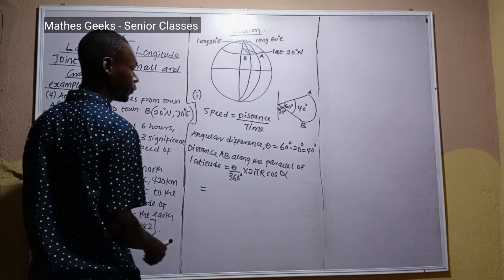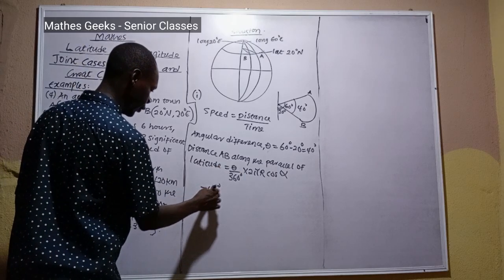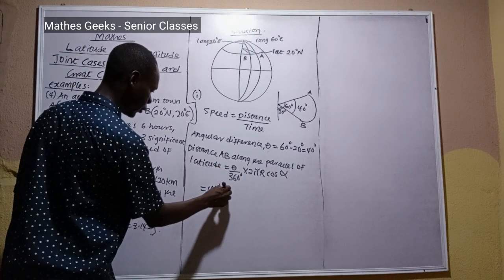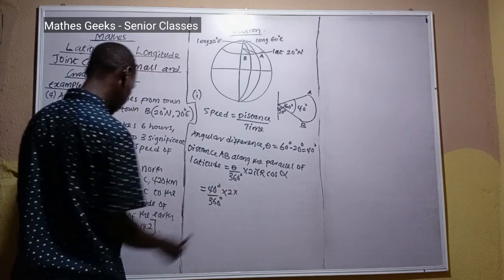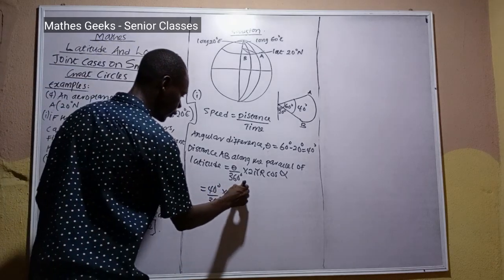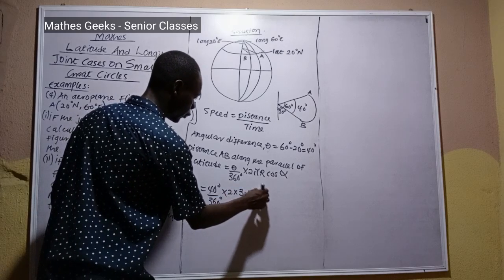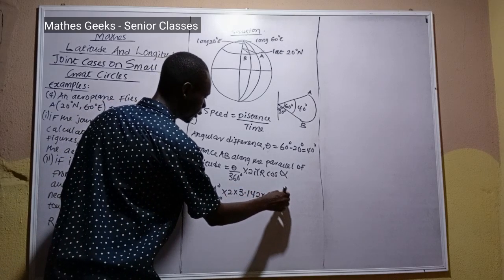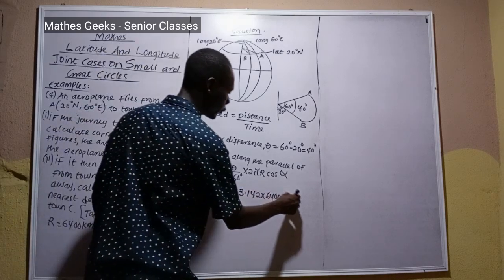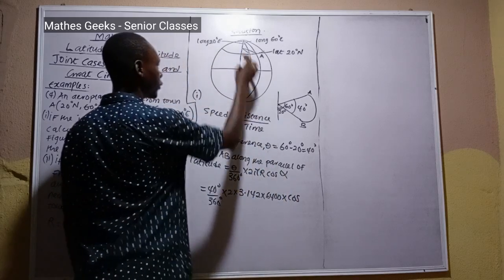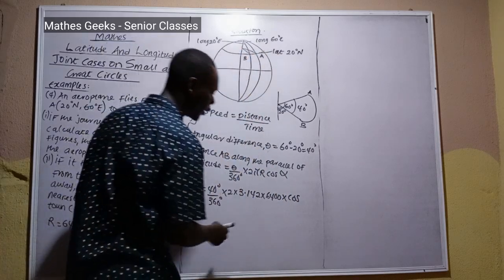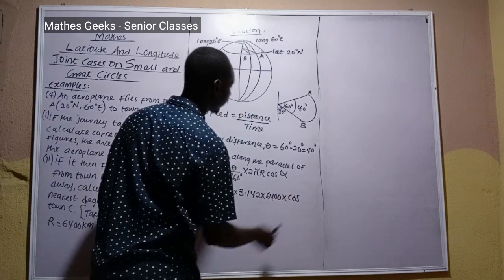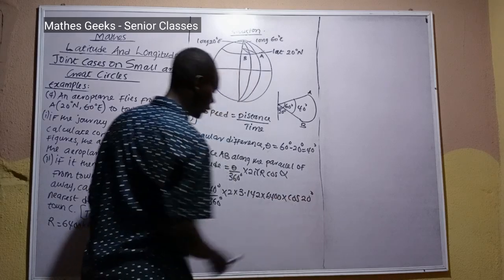So theta is 40 degrees over 360 degrees times 2 times pi is 3.142. Radius of the earth is 6,400 cos alpha. Alpha is the parallel line of latitude on which both point A and B are lying, cos 20 degrees.